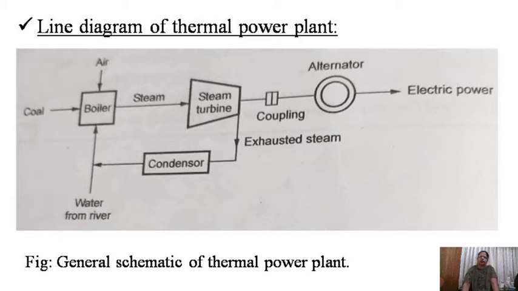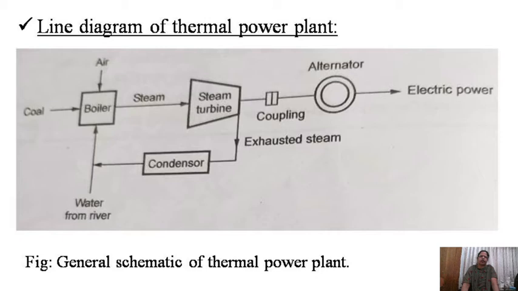The steam turbine is coupled to the alternator by the coupling. Therefore, when the steam expands and develops the mechanical energy, that is fed to the alternator, and that mechanical energy is converted into electrical energy or electrical power.